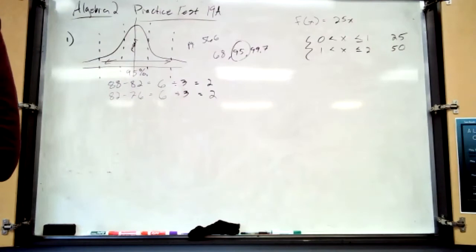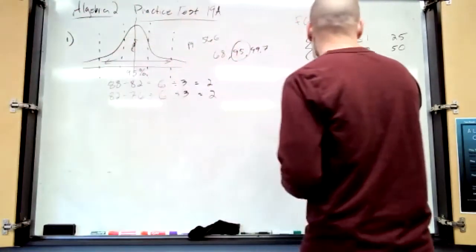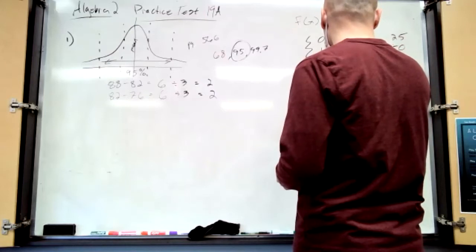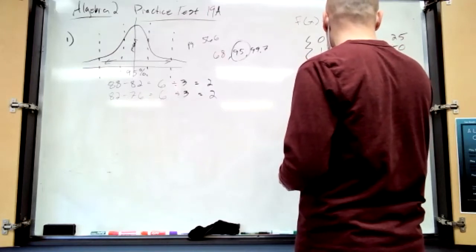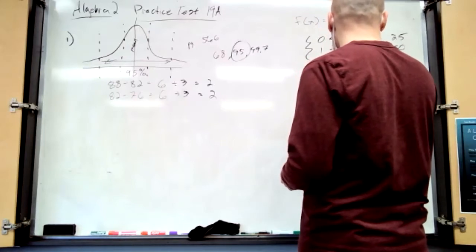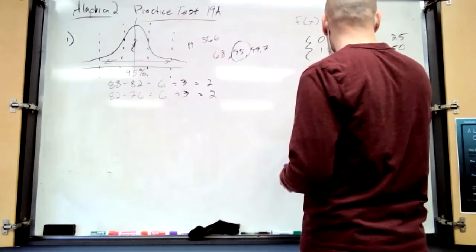Okay, so this is representing total cost for X hours of work. What type of step function is this function? Okay, so if you graph it, you've got 25 here, so from 0 to 1, it looks like this. From 1 to 2, it looks like this.